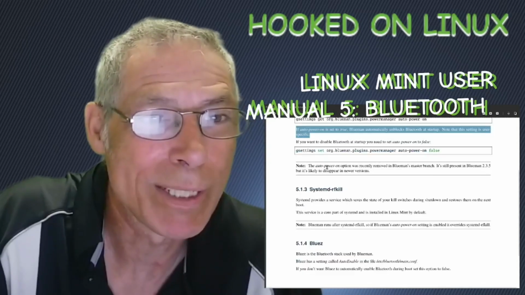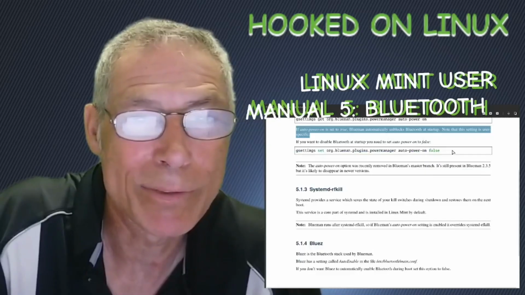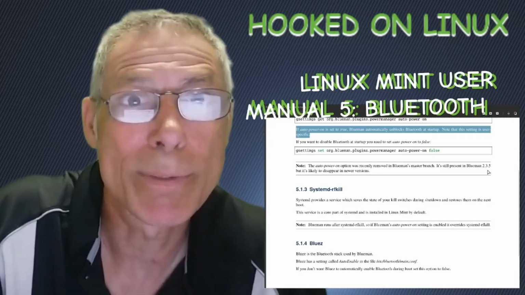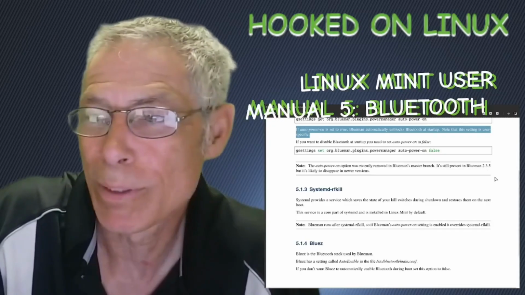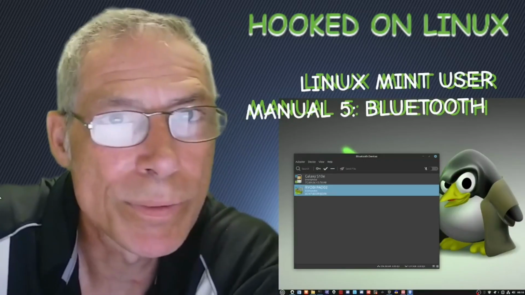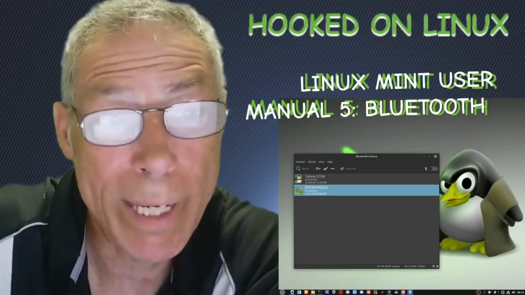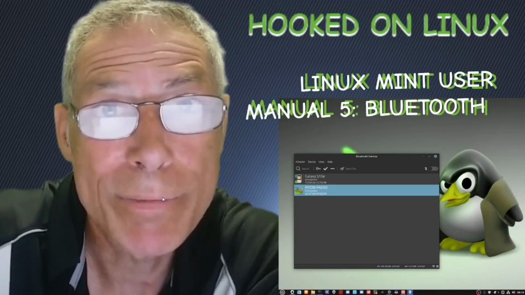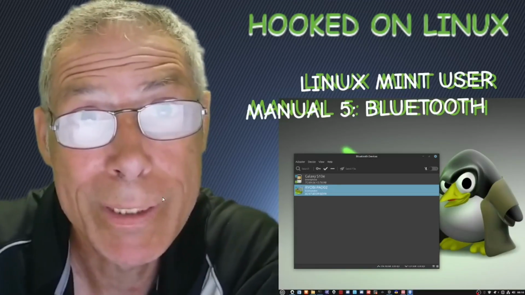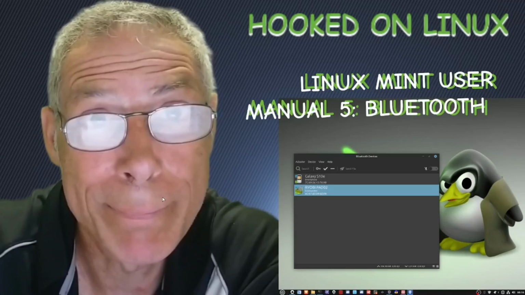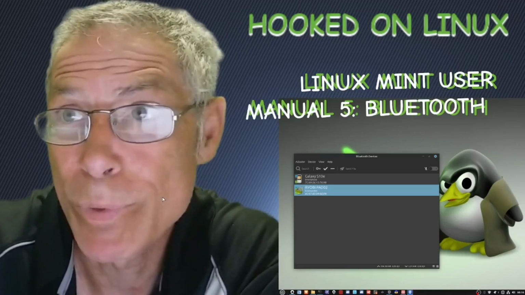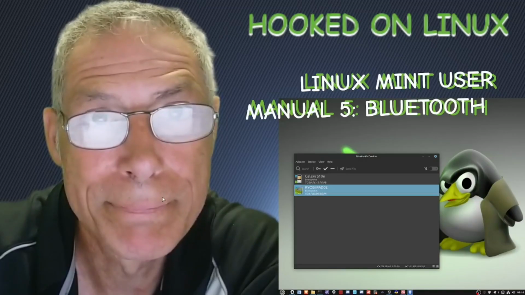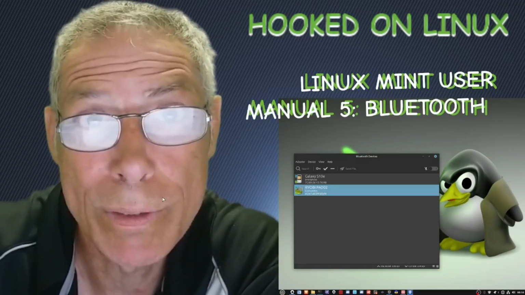So let's keep going here. You can use these commands in the terminal, the dreaded terminal. I don't want to use the terminal. Well, this is true. So the very first time you open Blueman, it asks if Bluetooth should be enabled automatically. The very first time I booted up this computer with Linux, 2022 point something, I think it was, Bluetooth was automatically turned on.